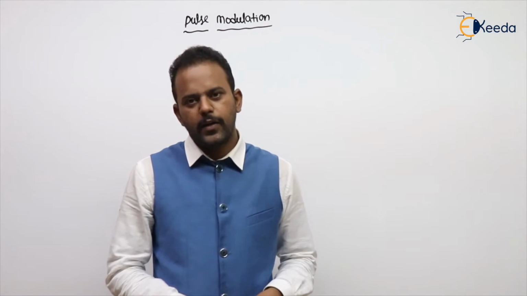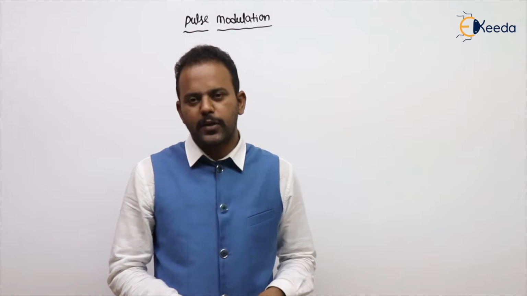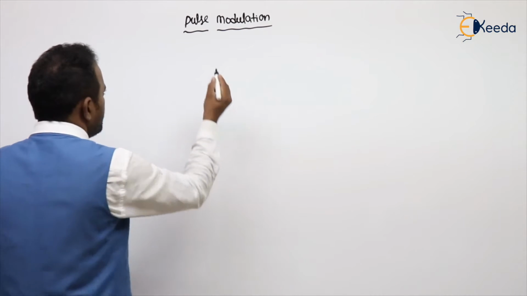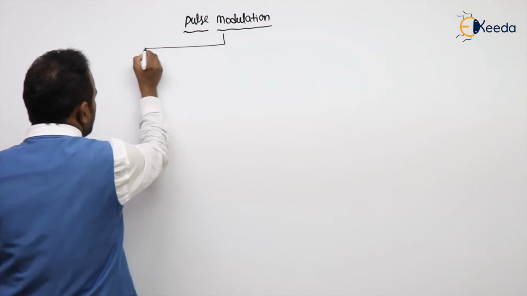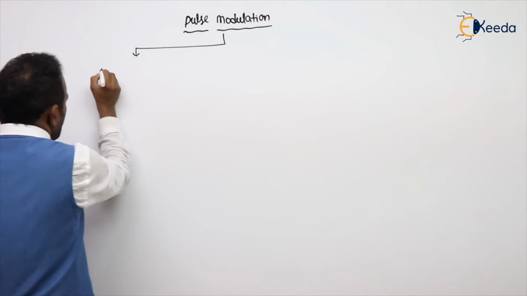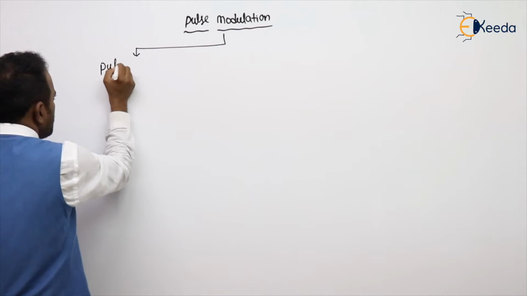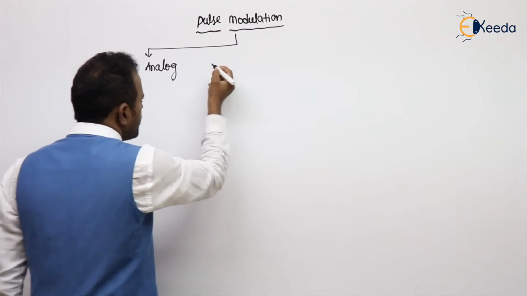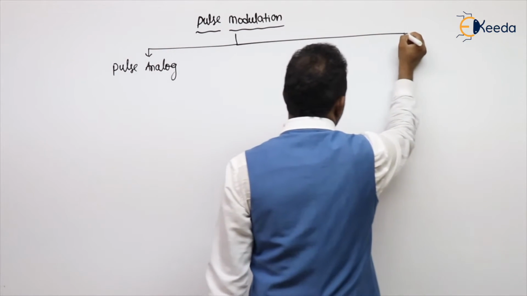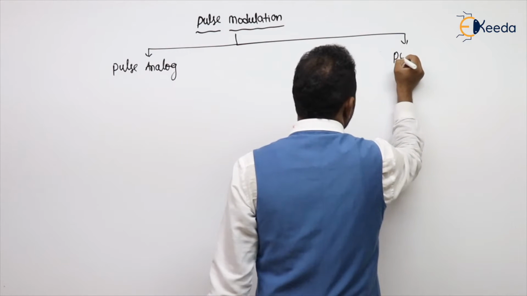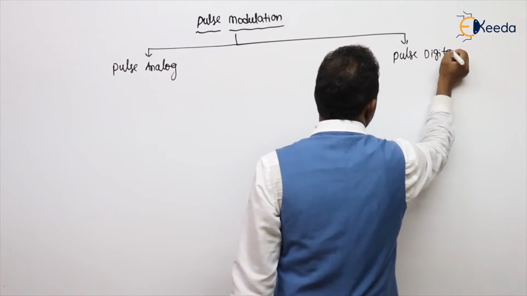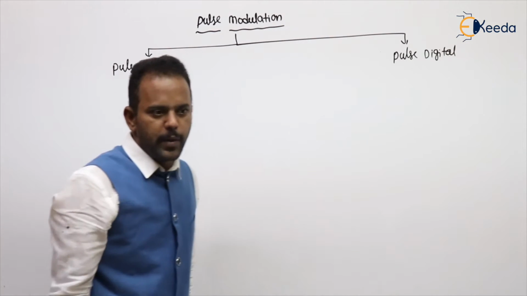In this topic, we are going to discuss the classification of pulse modulation. Pulse modulation is classified into two types. One is called pulse analog and another one is called pulse digital. Are you getting my point?